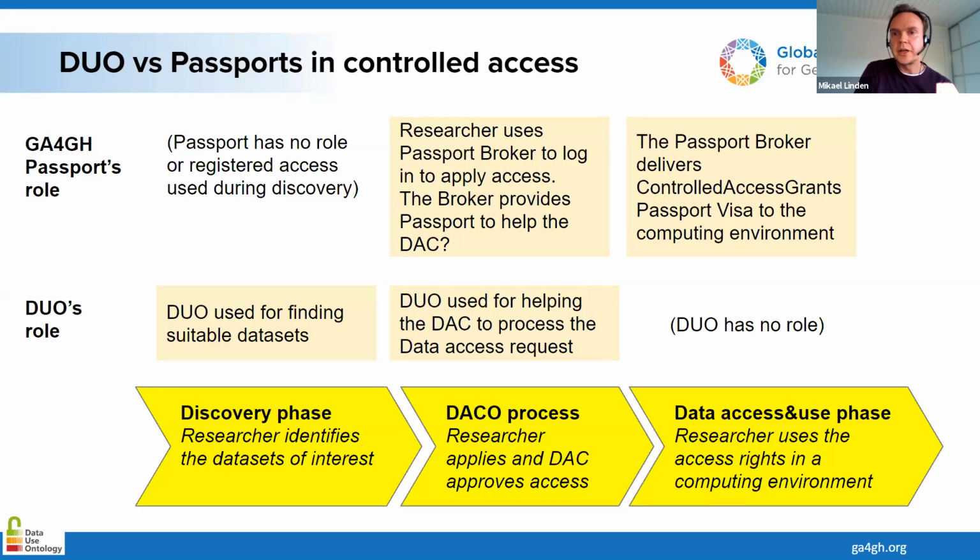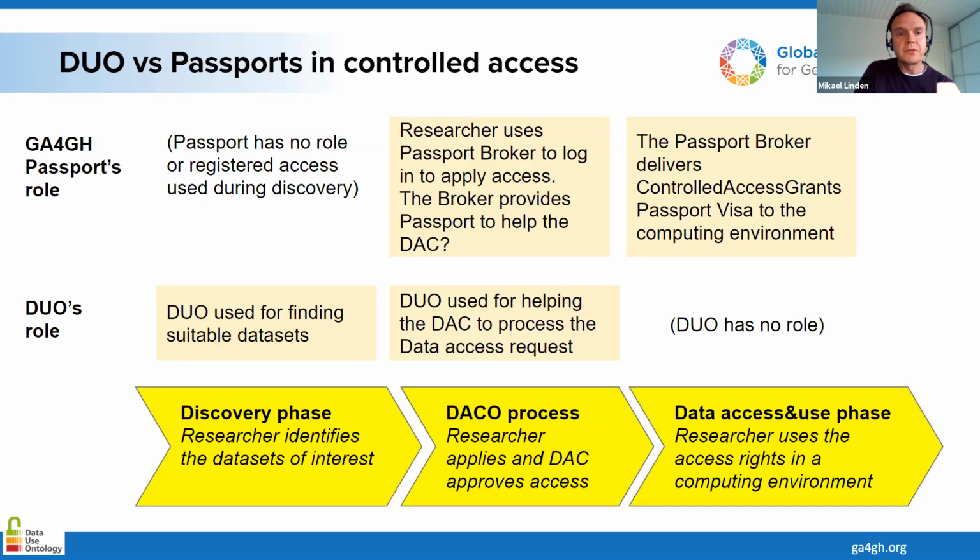traditionally by downloading datasets to their own environment, but now it's more common that the data, or a copy, is made available to the researcher in some computing environment. So the second row in the diagram describes my understanding of the DUO spec in those three phases. So for the discovery phase, DUO is an obvious match.